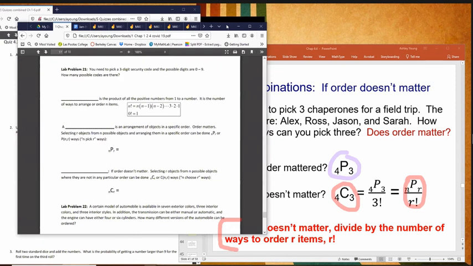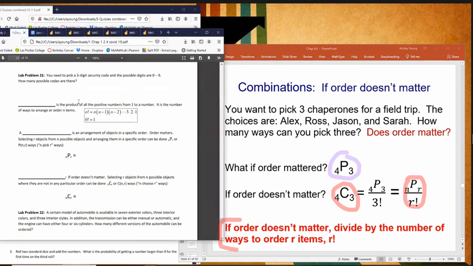So you put in here, factorial is the product of all positive numbers. A permutation is an arrangement of objects in a specific order. Order matters. So for NPR, I would suggest you don't put the formula, because the formula is just annoying. Instead, I would say you start with N and multiply down R spots.